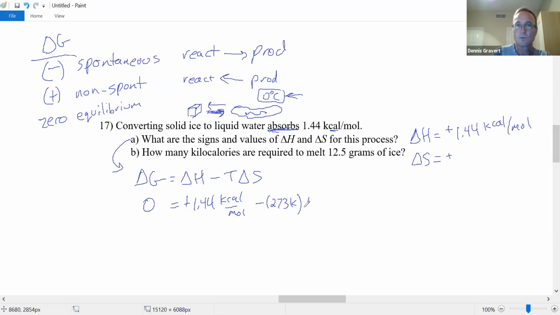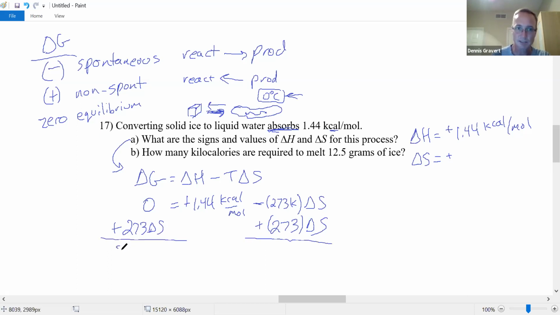Delta S, ooh, that's our X. If you want to use the letter X, you can, if you like doing your algebra that way. Delta S is the unknown variable. So do the math. We've got a minus sign between these two things, so let's get this to the other side. We can add it to cancel it out.